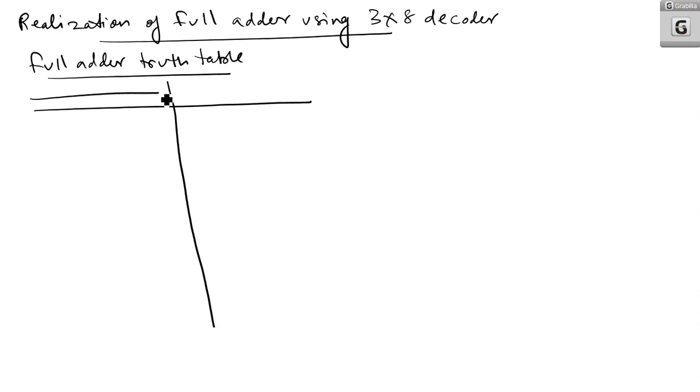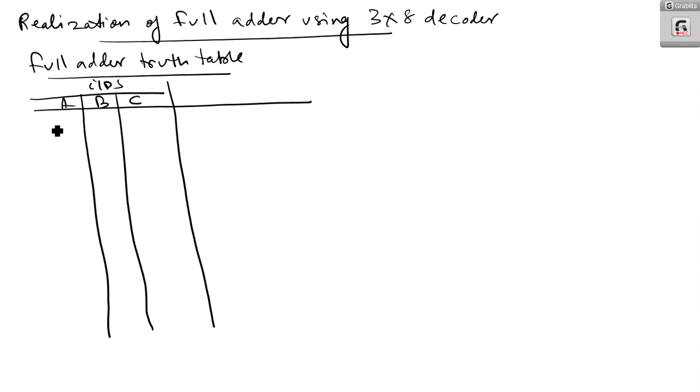So the inputs are A, B, C: 0 0 1 1 0 0 1 1 and Cn, that is the input carry: 0 1 0 1 0 1 0 1.